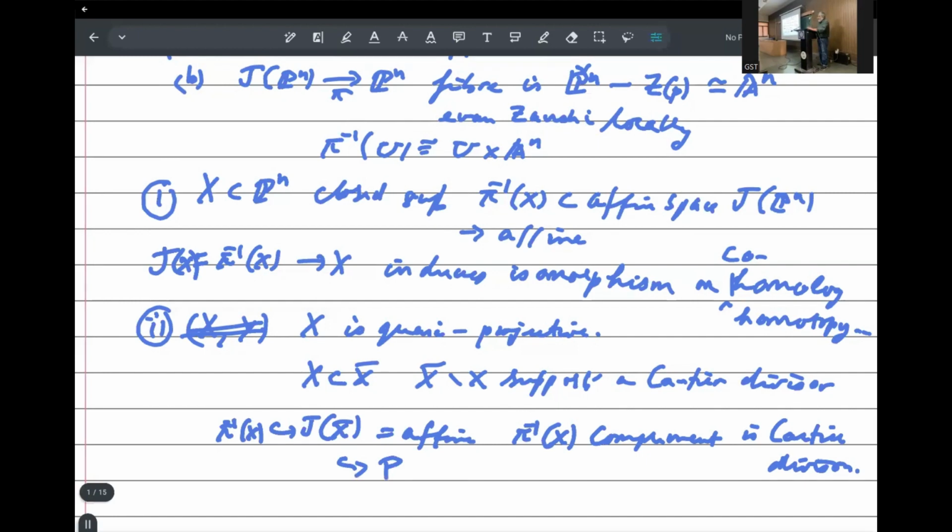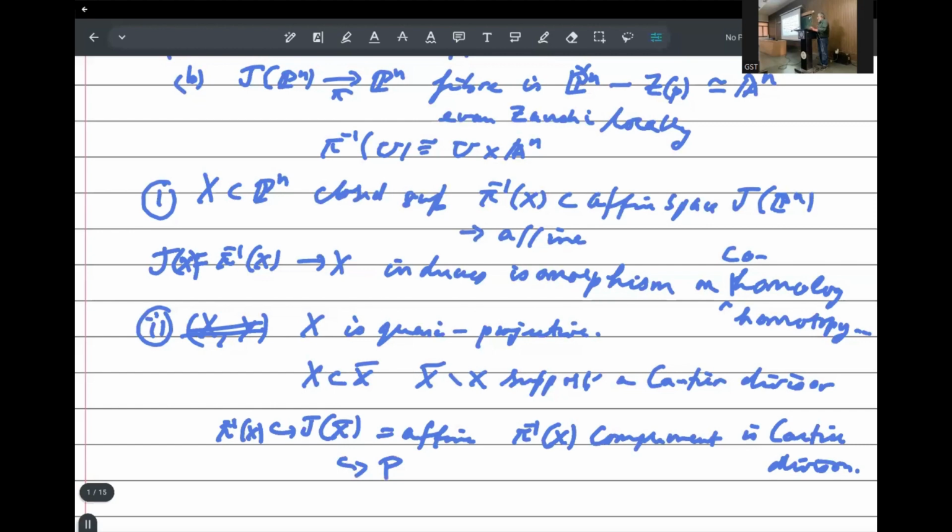So I'm just stating an assertion which you can find in Hartshorne, for example. Okay, I hope, if not in Hartshorne, in some suitable book on algebraic geometry, which is that if you have an affine variety, then you take the complement of a Cartier divisor, the zeros of a line bundle, then that is an affine variety. Okay.